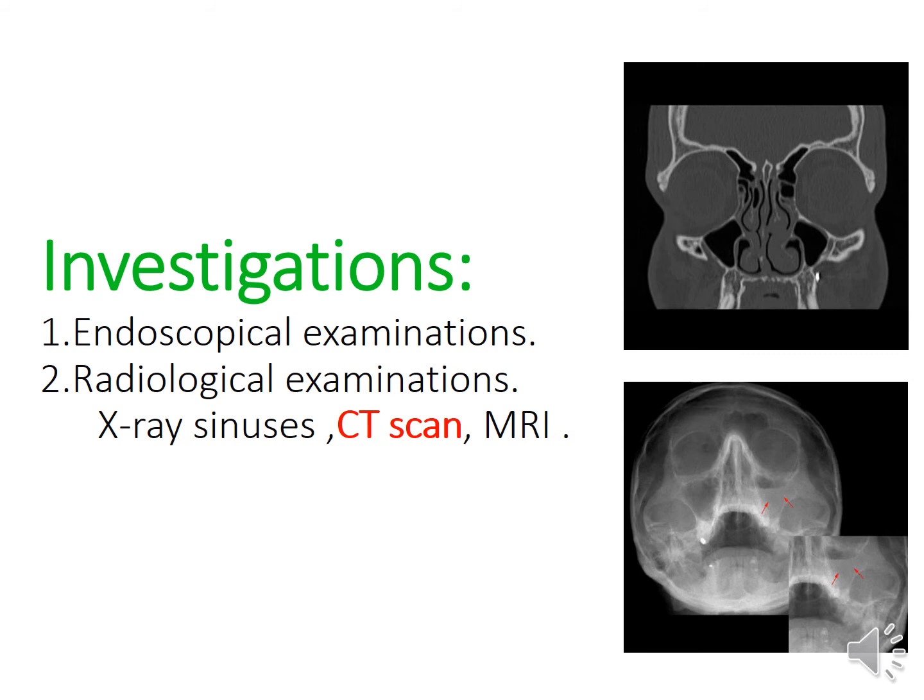This obstruction leads to accumulation of secretion within the maxillary sinus, forming an air fluid level, as you can see in the plain X-ray occipitomental view at the bottom of the slide.